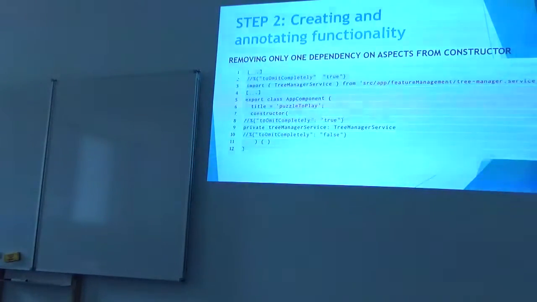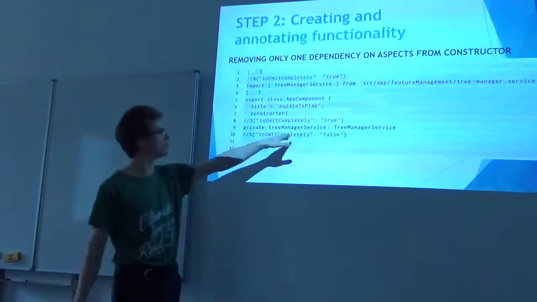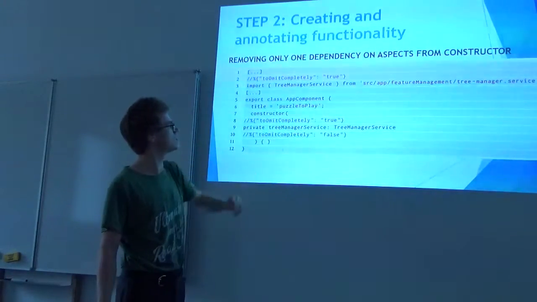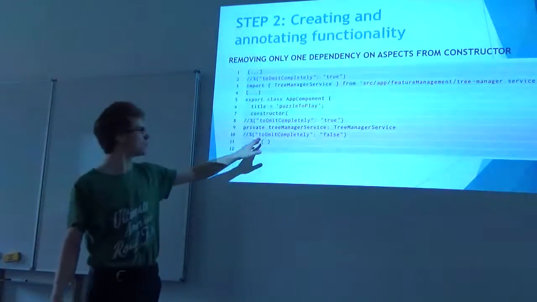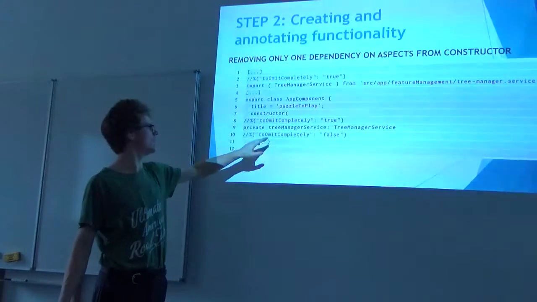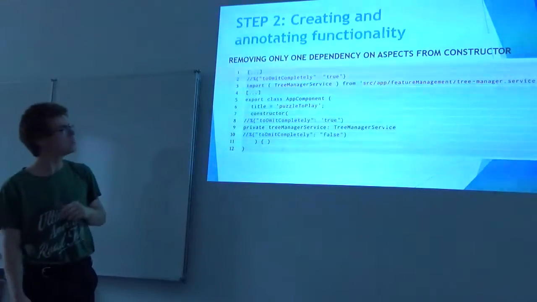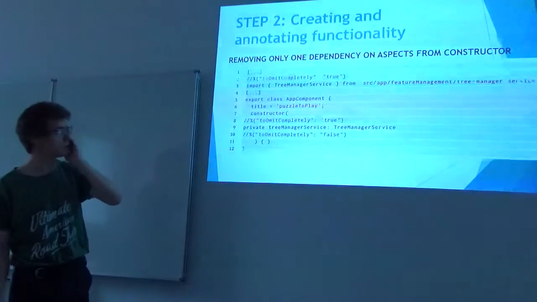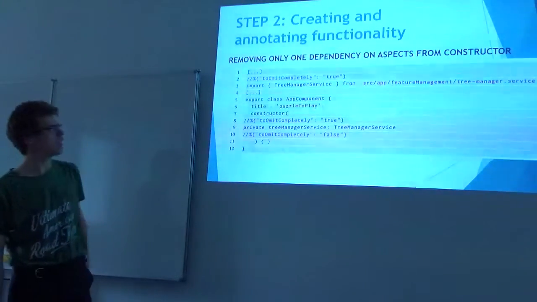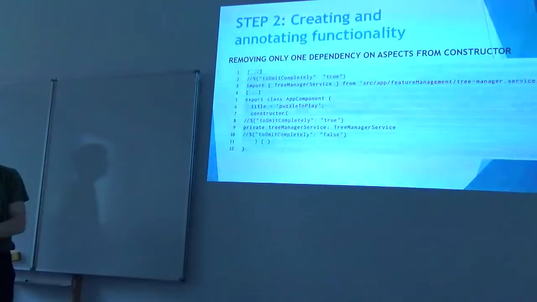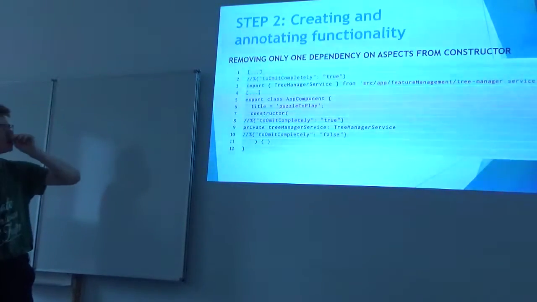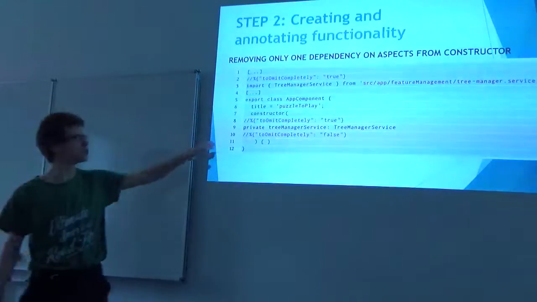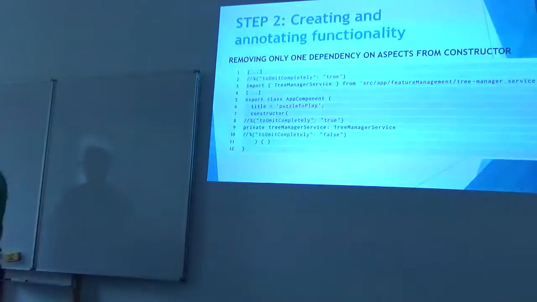Okay, and in the second step, we annotate this functionality. This is the only one point where we should get rid of the feature manager service, which is introducing feature management, and this also requires one annotation which results positively, because if none of the features result in a positive value, then the whole file will be removed, which is not the intended behavior, because we want this component in our application, but only without this injected feature manager service.